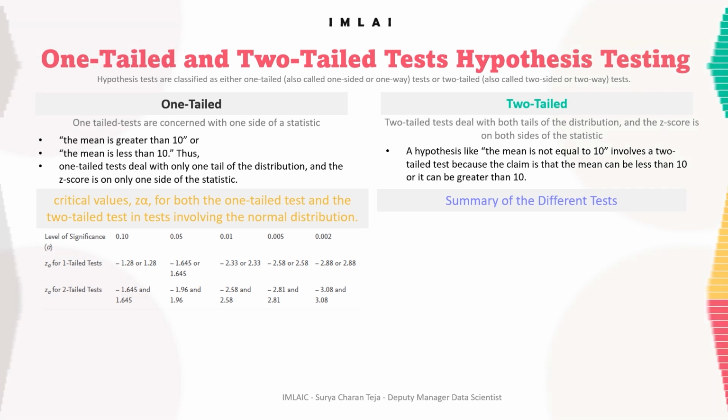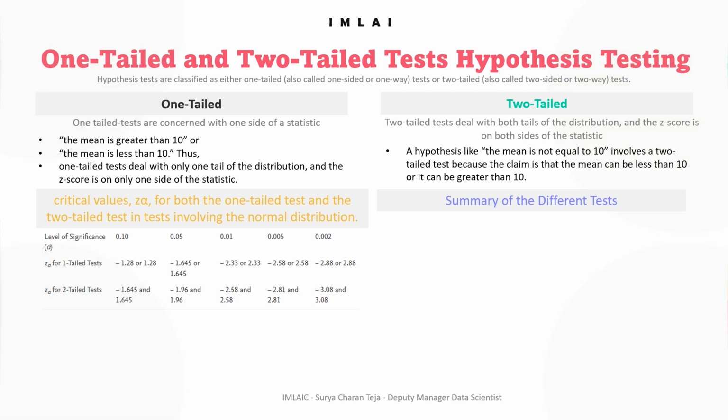We have 0.05, 0.01, and it further reduces to 0.005 and 0.002, and it can be increased up to 0.10, just 10 percent. From 10 percent, 5 percent, 1 percent, 0.5 percent, and 0.2 percent, these are the various levels of significance as we use them for various purposes.